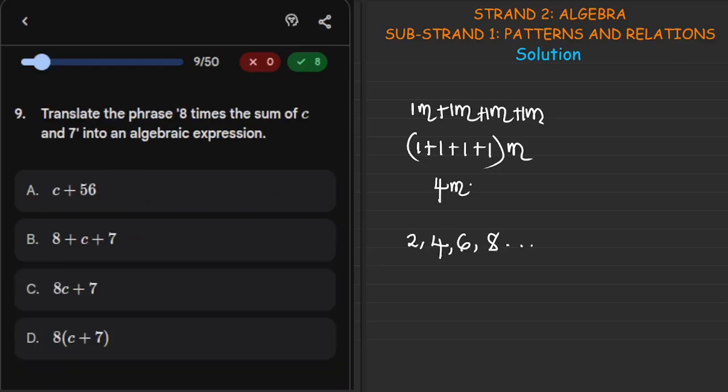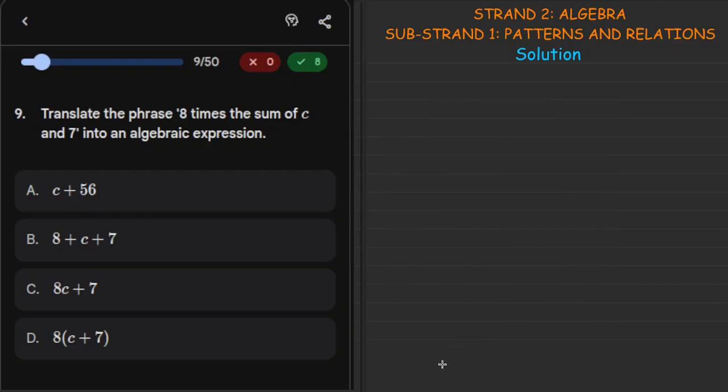Question number 9. It says, translate the phrase 8 times the sum of C and then 7 into algebraic expressions. So it says 8 times the sum of C and then 7. Sum of C and 7 simply means C plus 7.